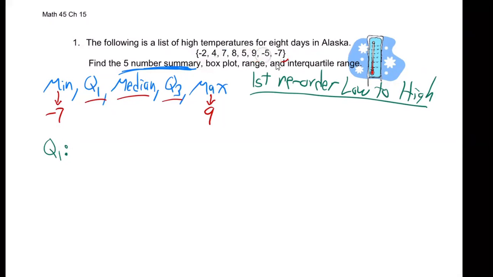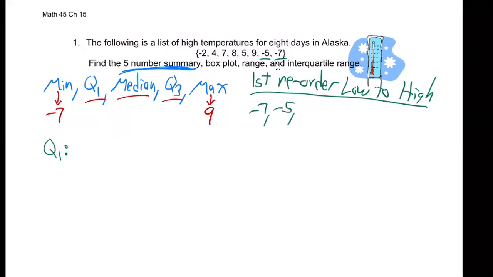Now, let's start. What's the lowest number in the list? Negative 7. I suggest we cross them off as we go, or underline them, or circle them, or whatever you want. Next comes negative 5.